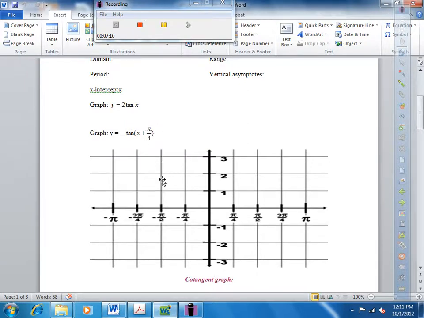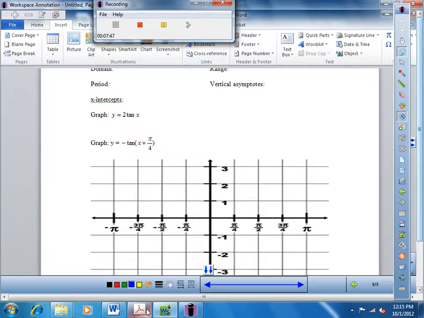So instead of me having asymptotes here and here, okay, one period of it, the asymptotes would be shifted to negative 3 pi over 4. Okay. Would be shifted here.